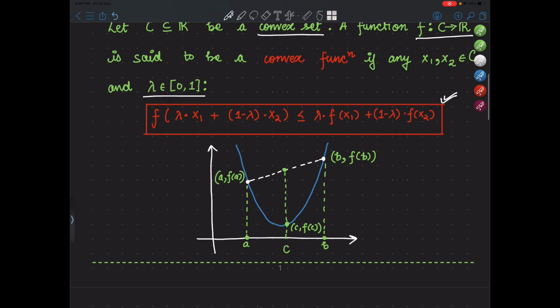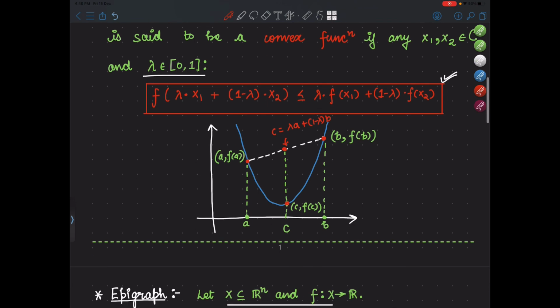Graphically, if we have 2 points A and B, and this is the point C given by lambda A plus 1 minus lambda B, then the point on the line will be higher than the point on the graph itself. So this is the definition of a convex function.